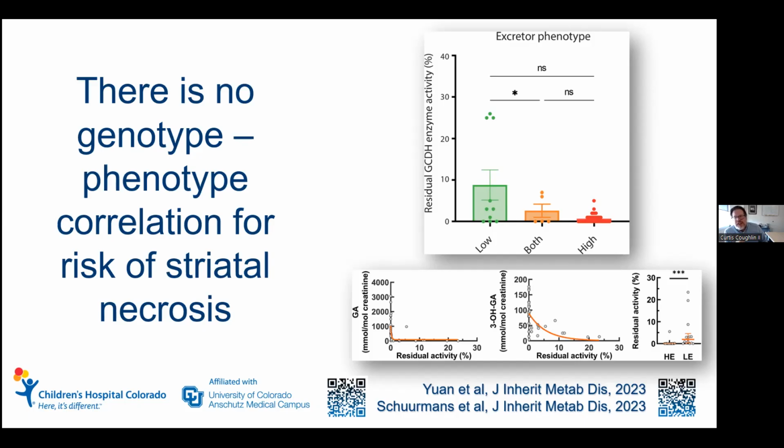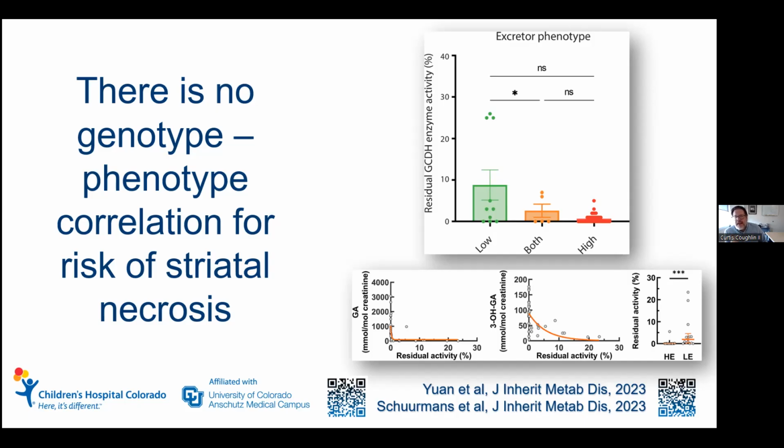There is no genotype-phenotype correlation for the risk of striatal necrosis, which is one of the main phenotypes we're about to talk about in a second. In fact, there's some really nice work done by the group led by Stefan Kolker and Nicholas Boy that shows if you have a low excretor phenotype, you're slightly more likely, although I don't think it's statistically significant, to have a striatal event. And that's really interesting to think about the reason for it.